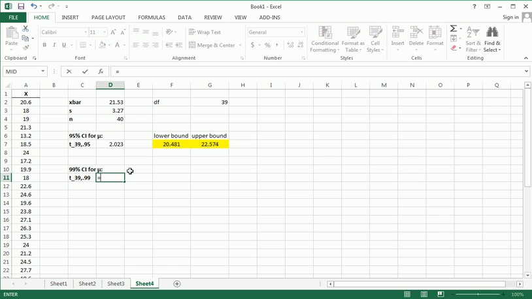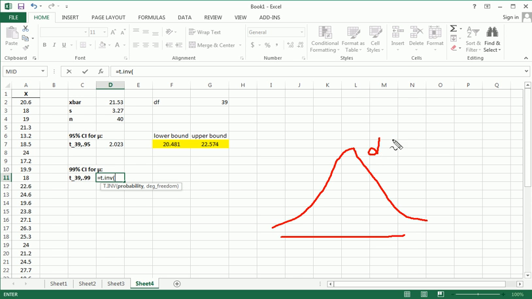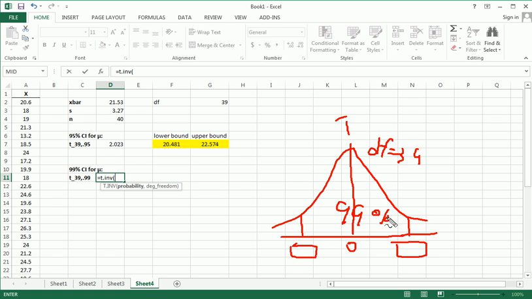So equals t dot inv, and if you followed the logic before, here's the t distribution again, a little uglier than last time, with 39 degrees of freedom. Okay, here's 0. If I want to get this middle 99%, okay, then 0.5% of observations are there, and 0.5% of the observations are above this.